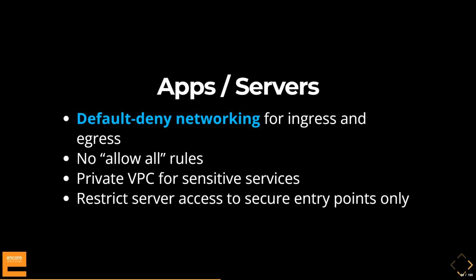For our apps and servers, again, you want to control the access into those. Our networks are default deny, and that was a requirement of HITRUST. None of our networks could just allow all incoming requests. So we set it up. It's all a private network, and we poke holes through it here and there as you need to, with the firewall and with the security groups and with the app layer firewall.